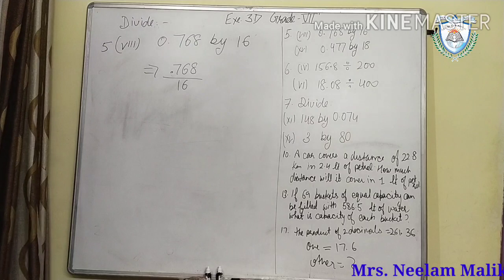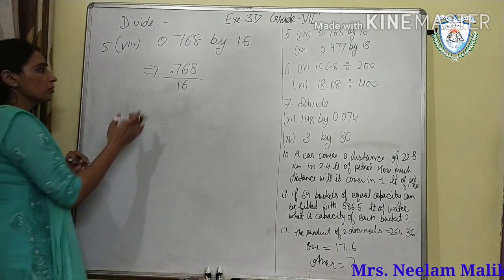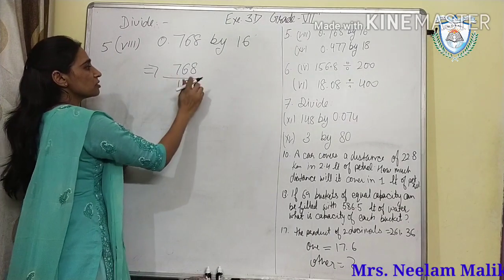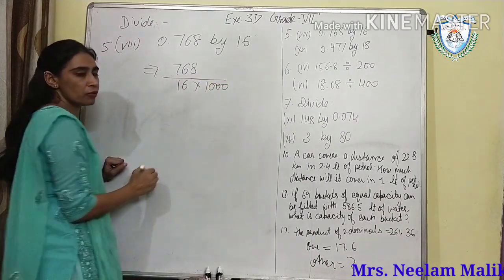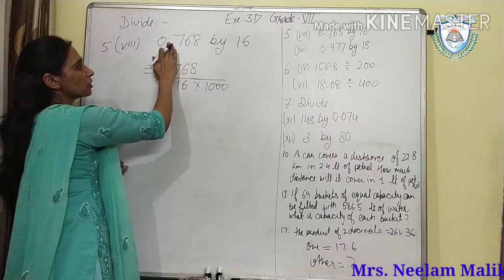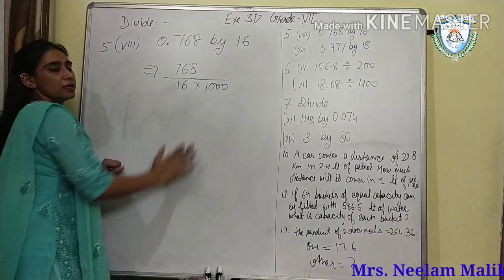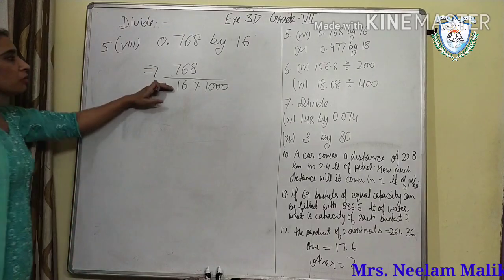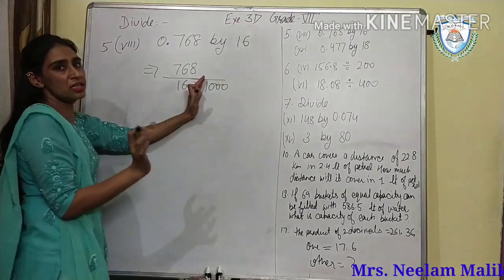If these numbers are divisible by any number, you can divide that. Also you can remove this decimal. If you want to remove this decimal, you can put 1000 here. Why? Because in this number, after the decimal point there are 3 digits. So I will put 3 zeros and 1, that means 1000 here. Now if they are cutting, you can cut. Don't cut this, because from this I will put just a decimal point.